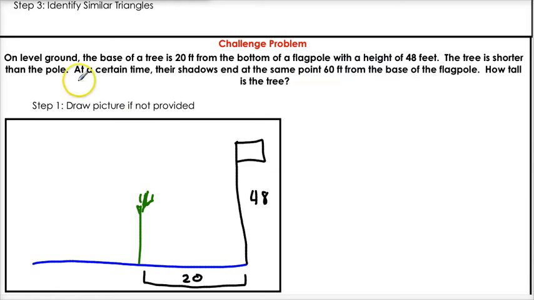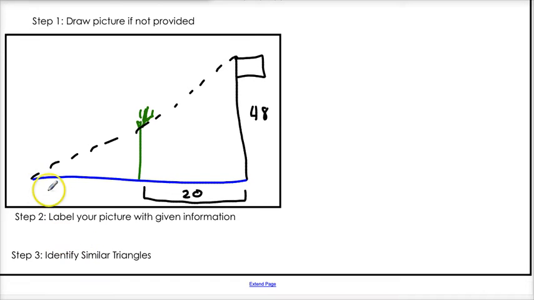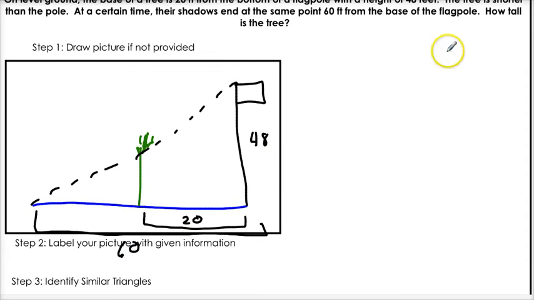At a certain time, their shadows end at the same point, 60 feet from the base of the flagpole. So this distance right here is 60 feet. That's where our shadows are. How tall is the tree?